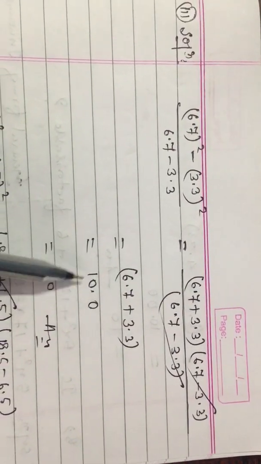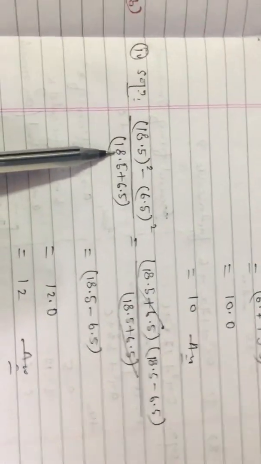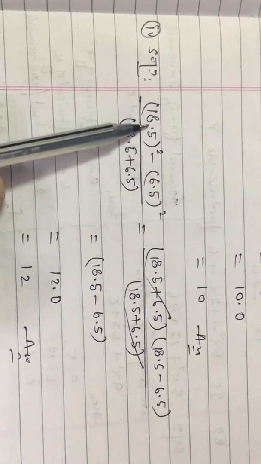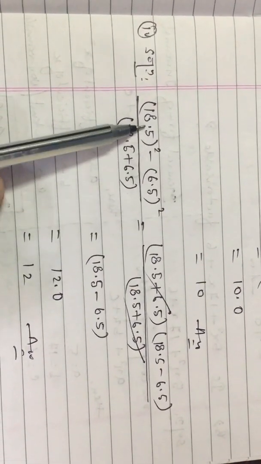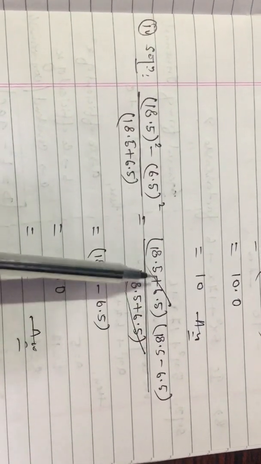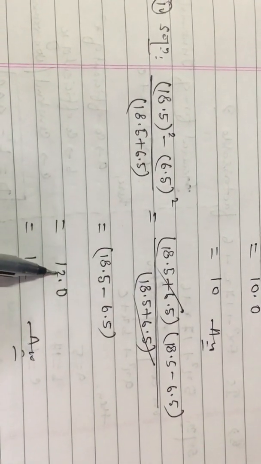On adding this, 10, that will be the answer. The same type of question is there. After that the fourth one, the denominator part is the same. Applying the formula, a square minus b square, a is 18.5 and b is 6.5, a plus b and a minus b. This time the plus term will be cancelled, the minus term will be left. On subtracting this, 12, that will be the answer.